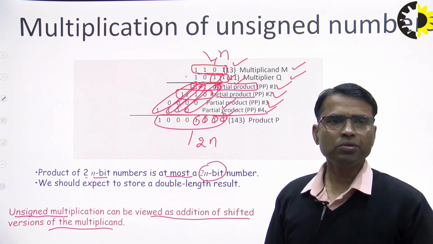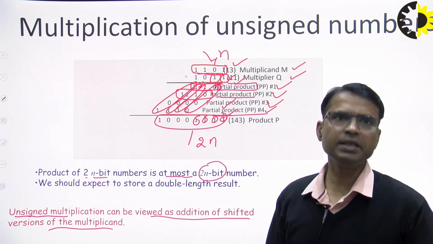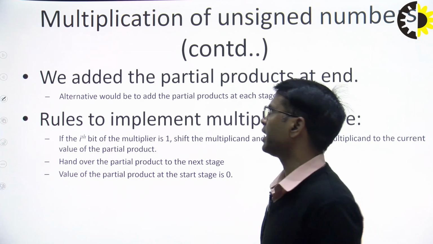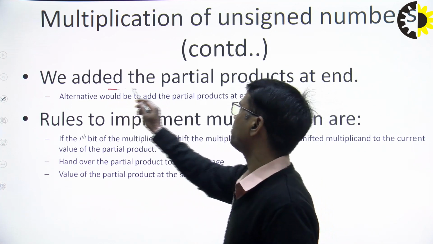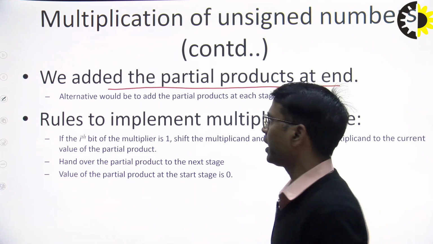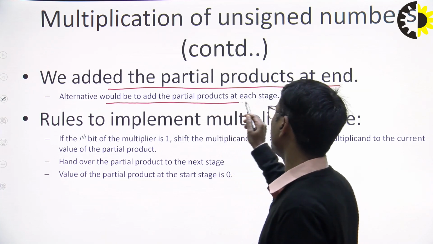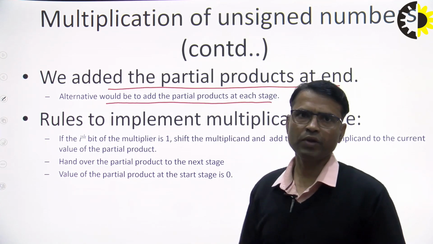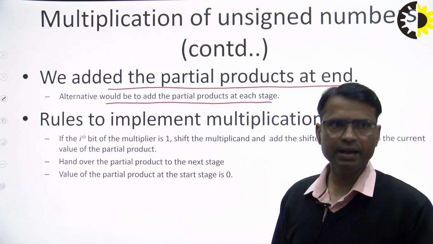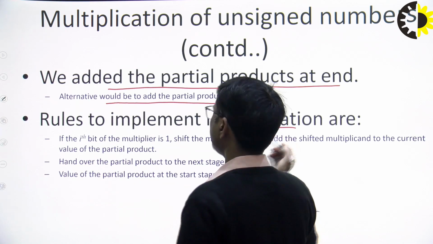Now, how to do it in hardware, that is the very important thing. If we see the process, we can add the partial products at the end, or alternatively we can add the partial product at each stage, one by one. So, what is the rule? The rule to implement this multiplication is very simple.